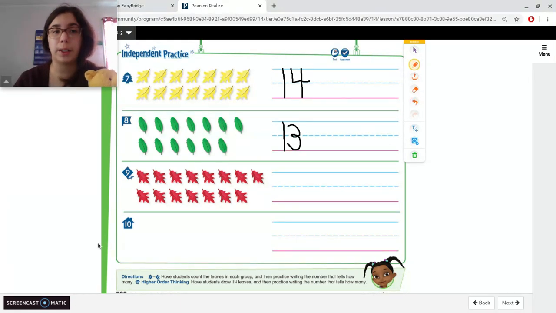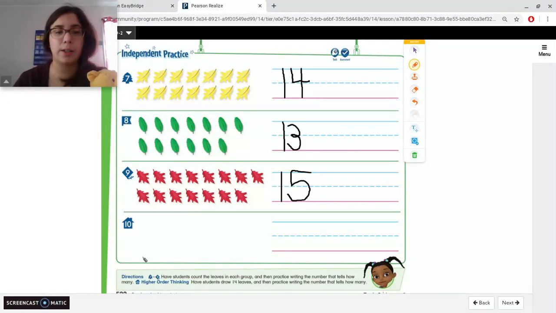I think I heard someone say 15. Let's check. 1, 2, 3, 4, 5, 6, 7, 8, 9, 10, 11, 12, 13, 14, 15. Good job. You did that all by yourself. Now we write the number 15 to show how many red leaves we counted.